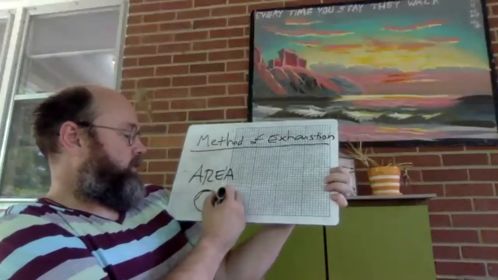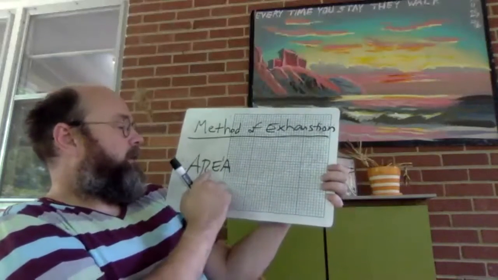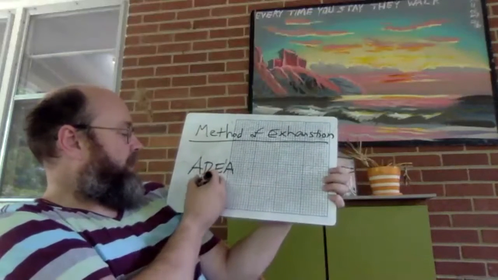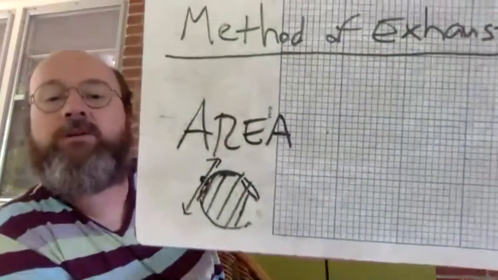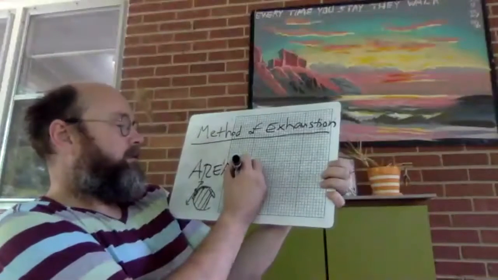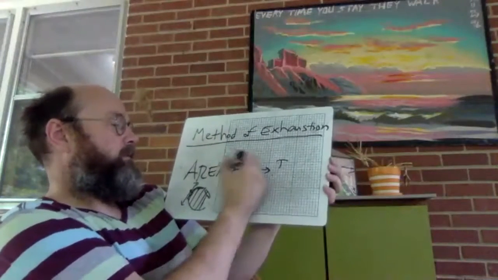The area of the circle, for instance, that's what you're trying to compute. Being able to compute the area is completely tied to the problem of also being able to construct tangent lines to the circle in order to draw that outer polygon. Areas and tangent lines.